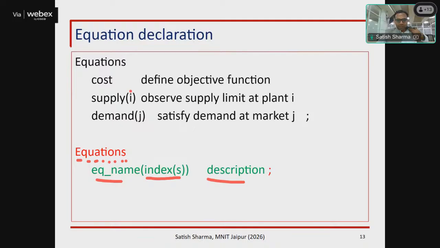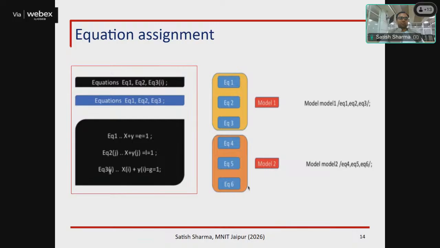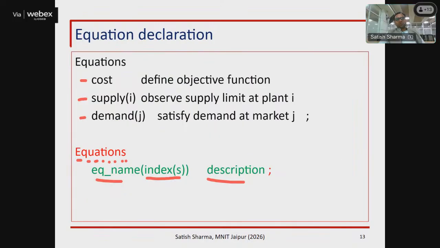So we will define multiple equations. Let's say one is a cost equation, another is a supply equation, another is a demand equation, and their descriptions are: define the objective function, observe the supply limit at a plant, and satisfy the demand at the market. So these are the different equations.